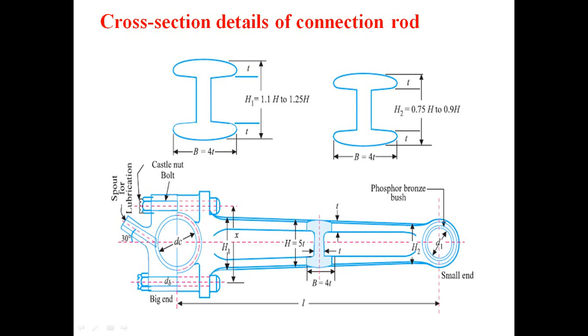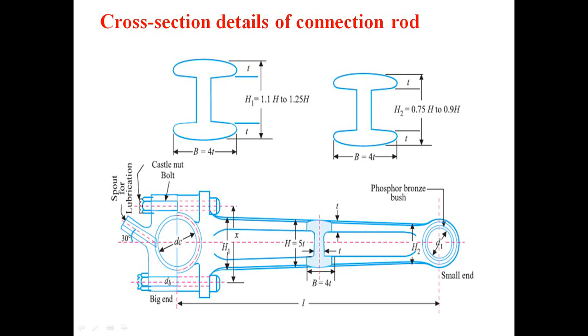Here H is the dimension at the middle section of the connecting rod, and H1 and H2 are the cross sections near the big end and small end respectively. The size of the connecting rod gradually increases from H2 to H1.